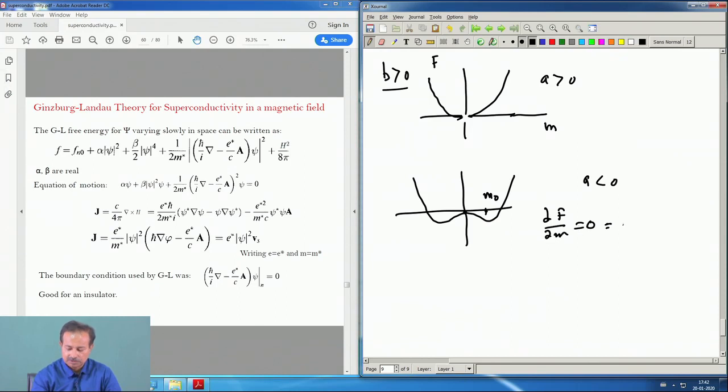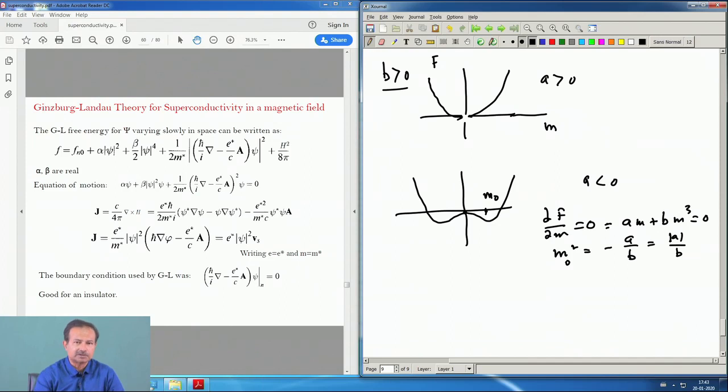That gives me a m plus b m cubed equal to 0. The m equal to 0 solution is not what I am looking for, and a is negative. So m squared equals minus a by b. A being negative, minus a is positive, so this is basically mod a by b. That is the solution m naught. Of course, because of the symmetry, plus m naught and minus m naught are degenerate.